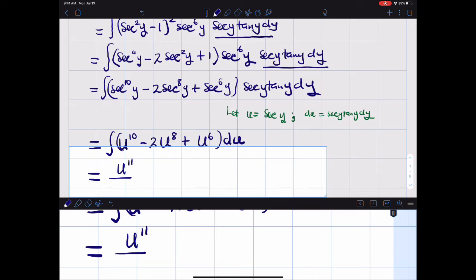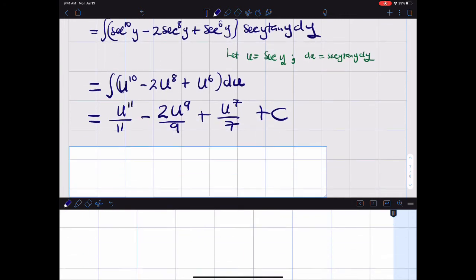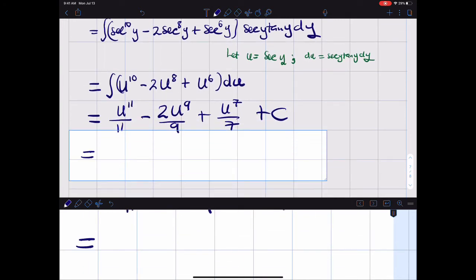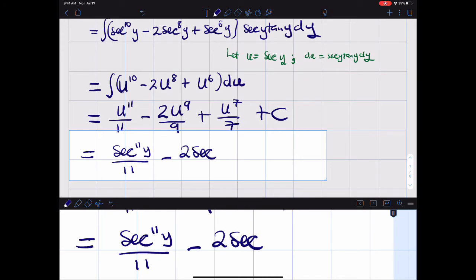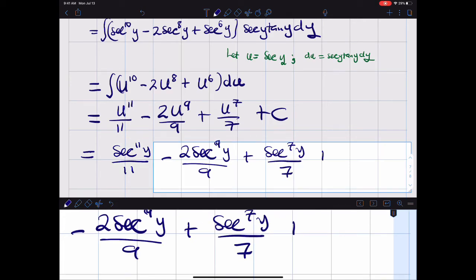U to the power of 11 over 11 minus 2 u to the power of 9 over 9 plus u to the power of 7 over 7 plus c. Amazing, isn't it? Once you get to the easy part, it's so good. It feels so good. So this is now secant 11y over 11 minus 2 secant 9y over 9 plus secant 7y over 7 plus c.